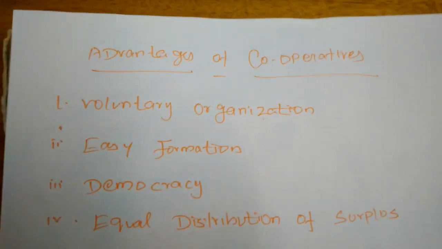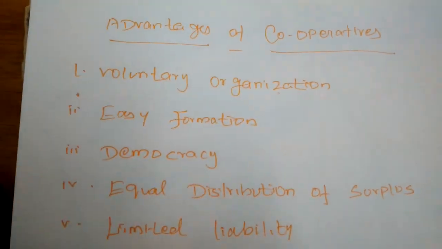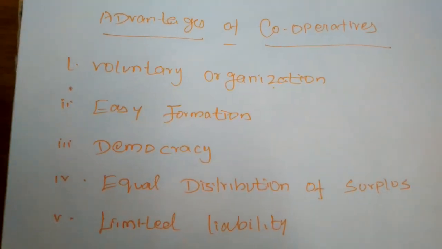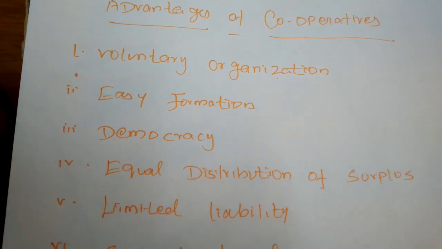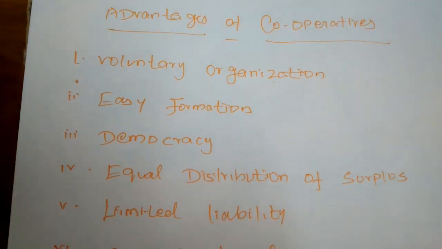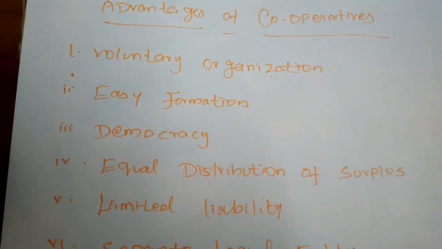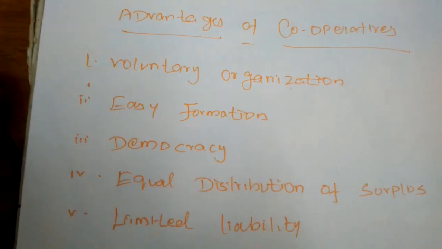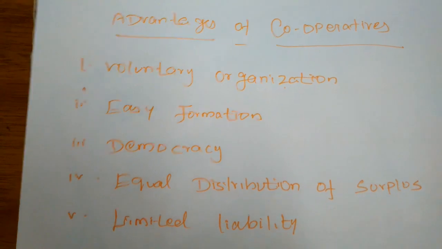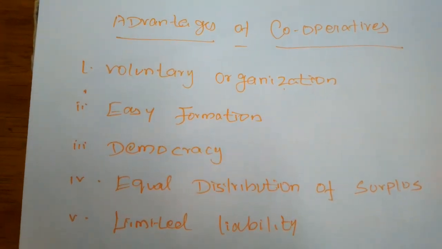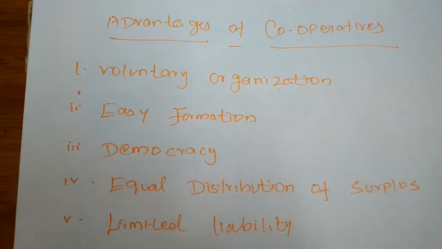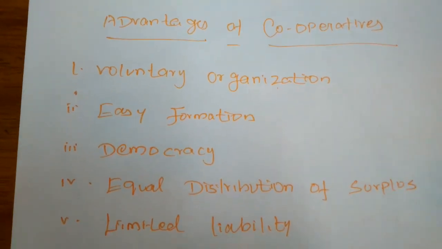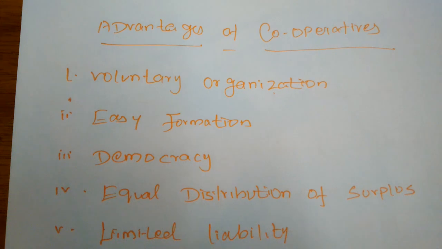Last day we studied the advantages of cooperatives. What are the advantages of these cooperative organizations? First one is voluntary organization. The membership of a cooperative society is open to all. If any person wants to join as a member, they can easily join, and if they want to leave the organization, it is also very easy.